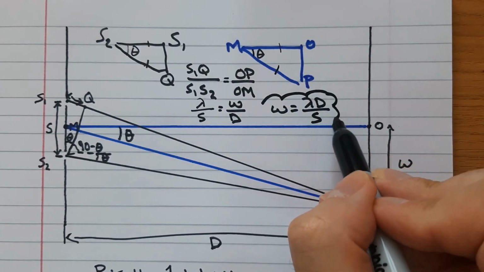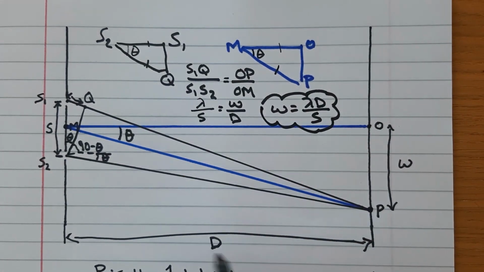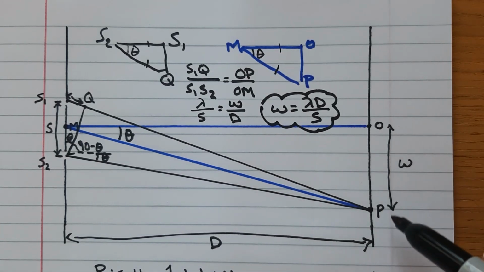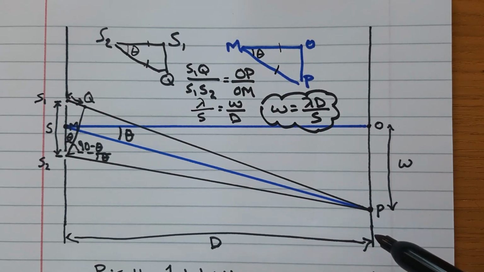That formula only works if the distance capital D, the distance from the slits to the screen, is very, very large compared to W, the fringe spacing.